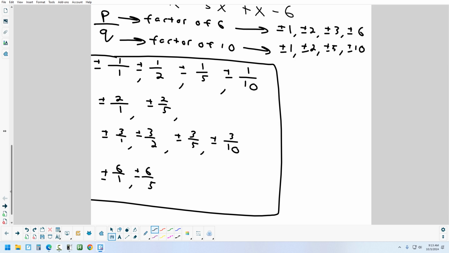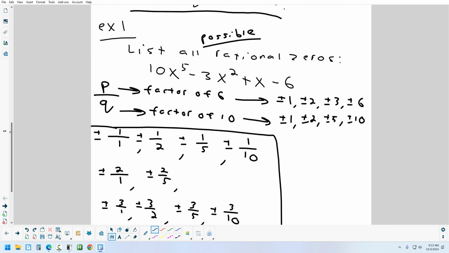Yep, 6 is the biggest, and negative 6. That's a very small window to have to look at. That's not bad. So now if you go to your calculator and set your window from negative 6 to 6, you'll be able to see if it's one of those fractions. So it really focuses in on what we're looking at.